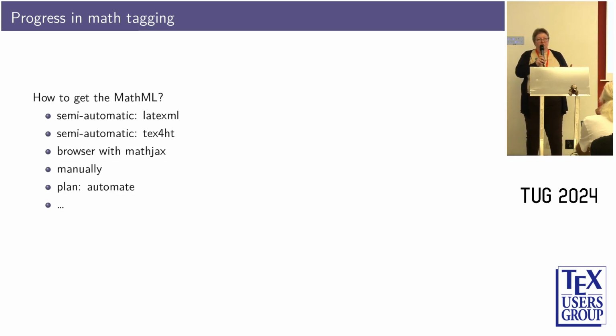Probably there will be options for authors to adjust some MathML, perhaps to add an intent in certain places. So if you want really good tagging, you perhaps will still have some manual work, but for normal cases, it should then be possible to get some MathML automatically.